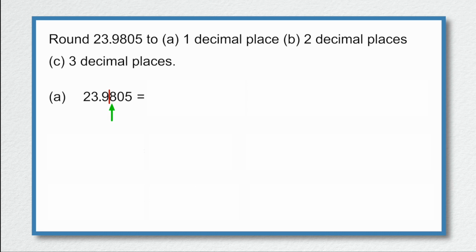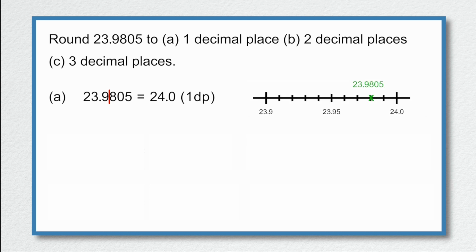Well, we can look at the first digit after the cut-off point, which is 8. So that means we're having to round the 9 up to 10. And so the 9/10 becomes 0, and this 3, which is 3 units, becomes 4. So 23.9805 is equal to 24.0 to 1 decimal place.